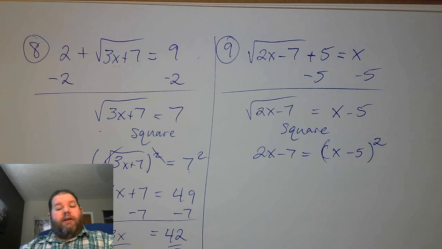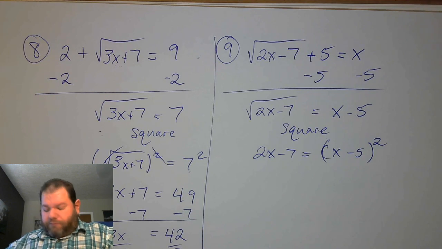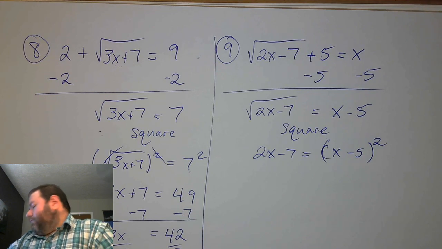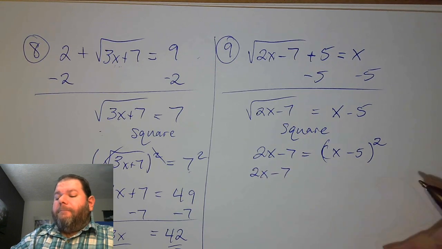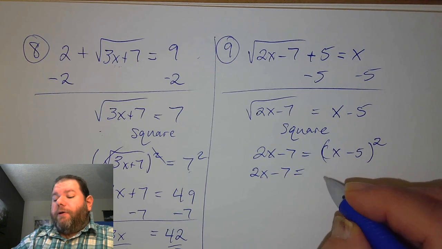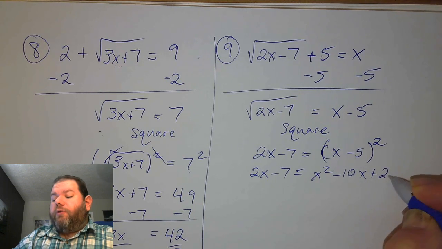So when we square both sides, we square the entirety of each side as a parenthetical term, basically. Alright, so if we square x minus 5, we know that's x squared minus 10x plus 25.